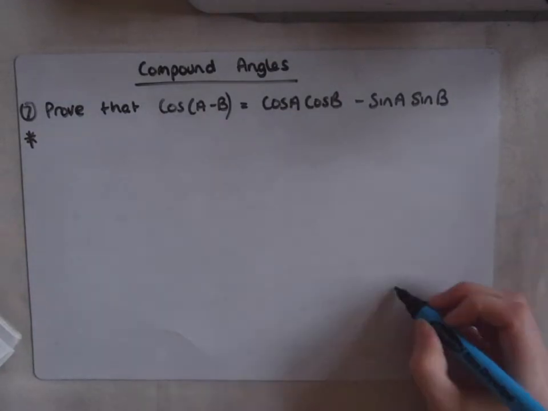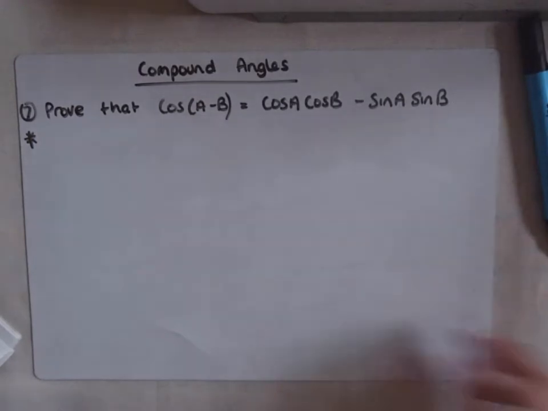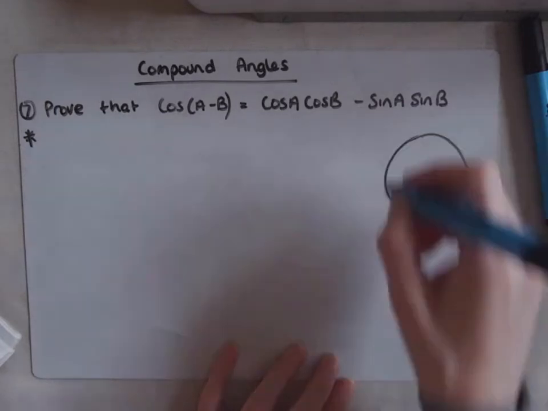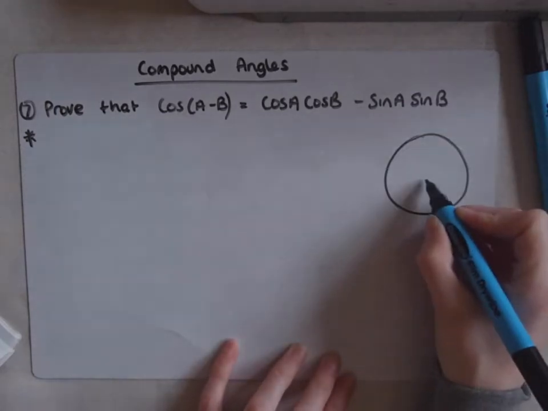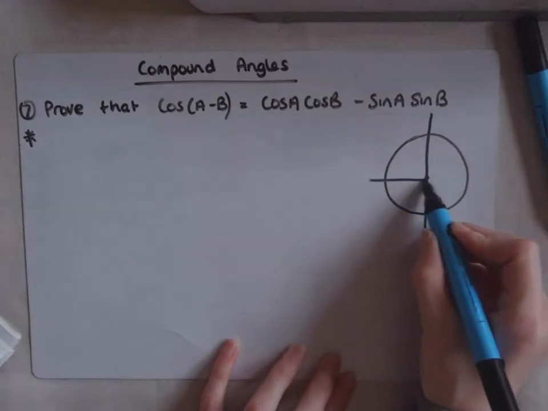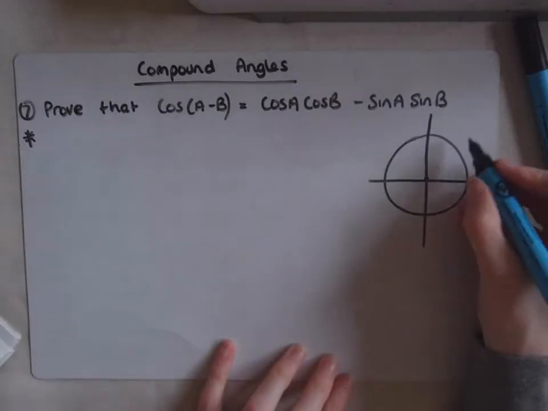Okay, so to start this, you need your unit circle again. So you're going to draw your unit circle. Okay, you've got 2 points.